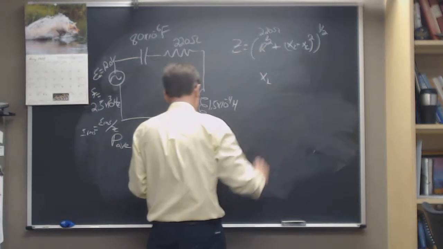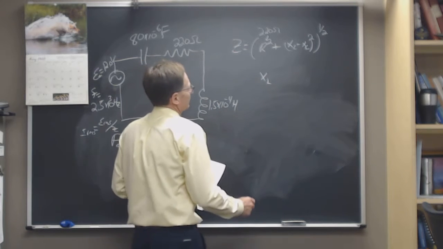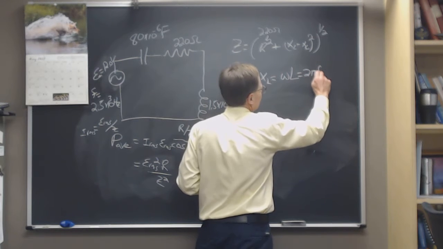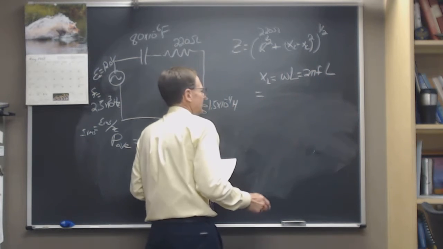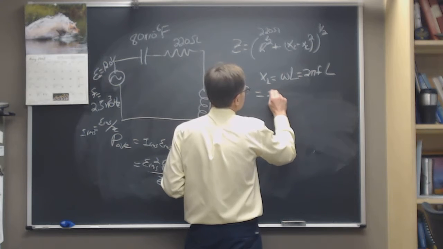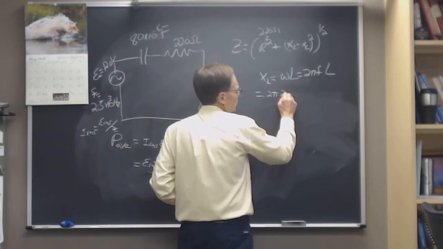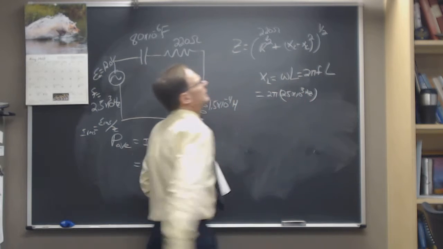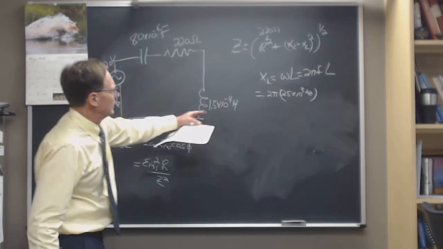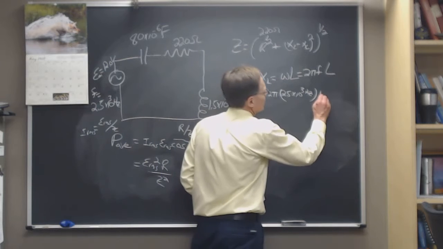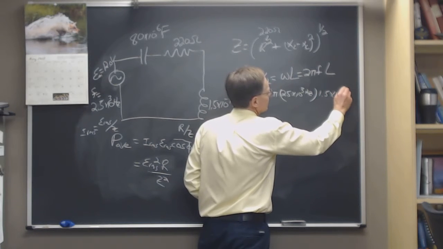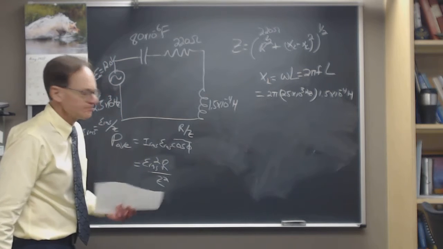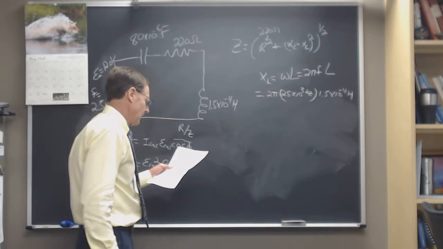X_L is omega L, which is 2 pi f times L. In this case, 2 pi times f, 2.5 times 10 to the 3 hertz, times 0.15 millihenries, 1.5 times 10 to the minus 4 henries. Good? We stick that in.